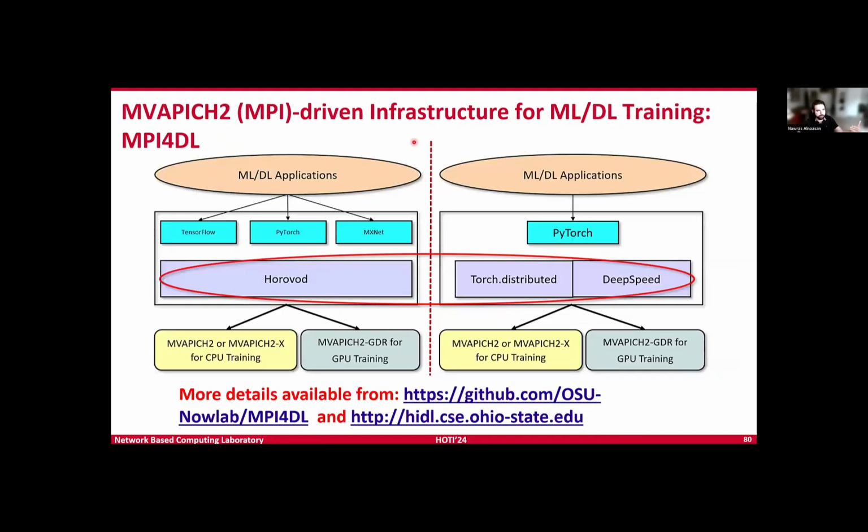By the way, all of these solutions that we're going to review under data parallelism are available on the HiDL website that we mentioned earlier, and we also have a GitHub page where all of these packages are available with the code itself.